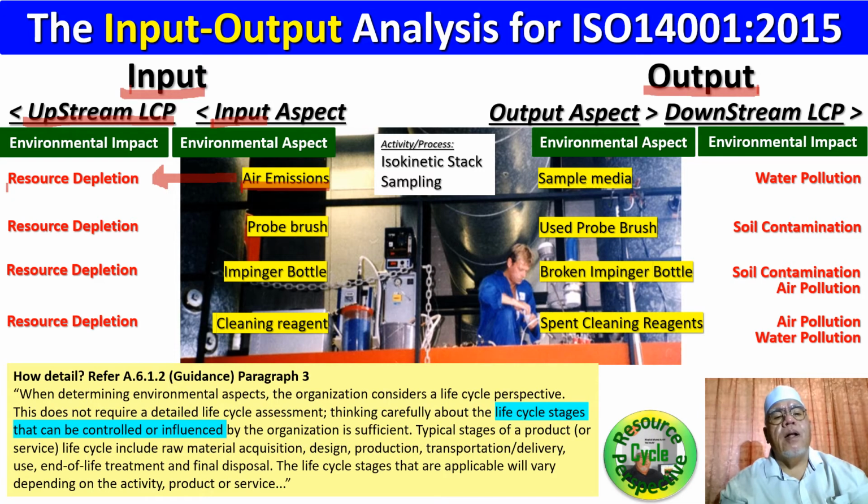Therefore, towards the end of the upstream of its life cycle, it causes an environmental impact known as resource depletion. That is the environmental impact for this input environmental aspect for this particular process, isokinetic stack sampling. And what comes out?